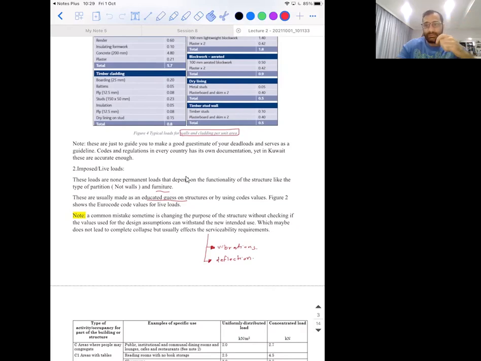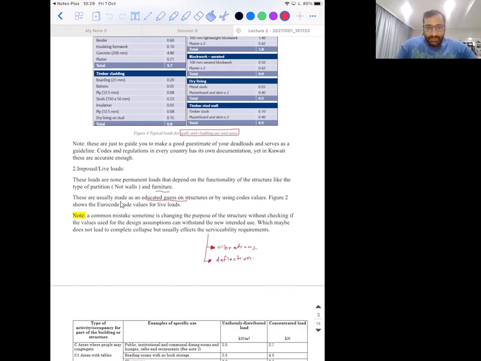Dead load is considered more accurate because it's mathematically derived, while live loads are not, because the number of people in a building changes with time. But the dependency of the data statistically is less. That's why the factor of safety of live loads is higher than the factor of safety of dead loads.